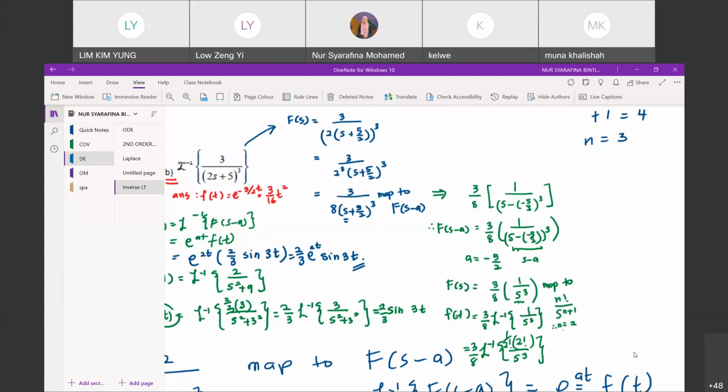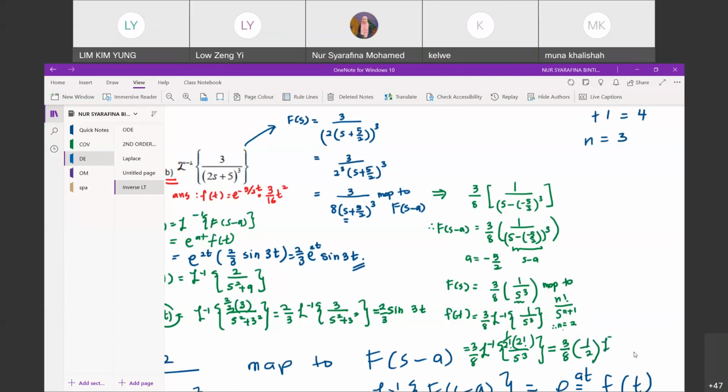Understand or not? Okay, now we want to inverse. So this is 3/8. This is 1/2 factorial, is 1/2.